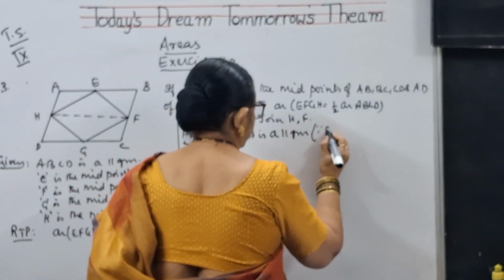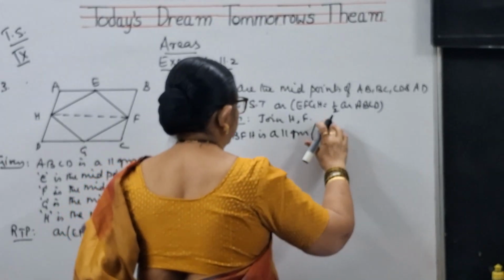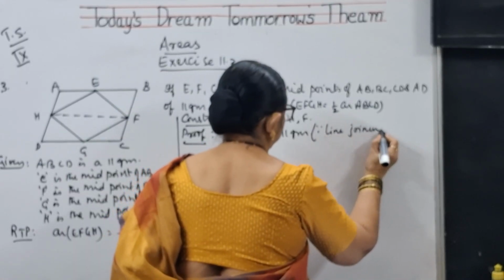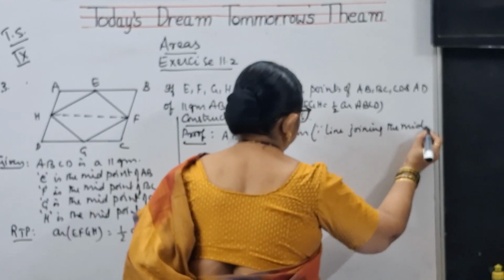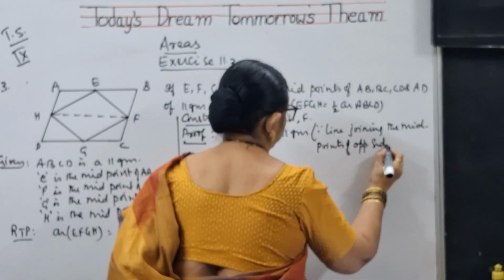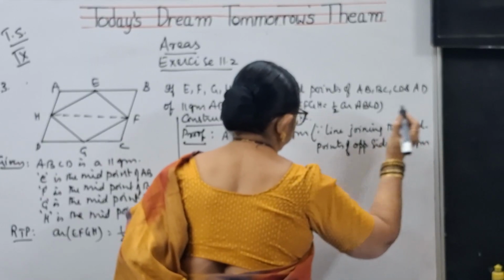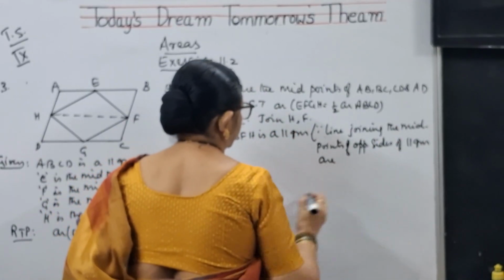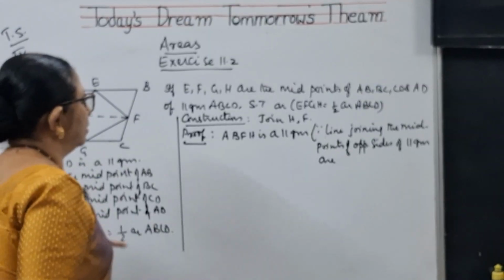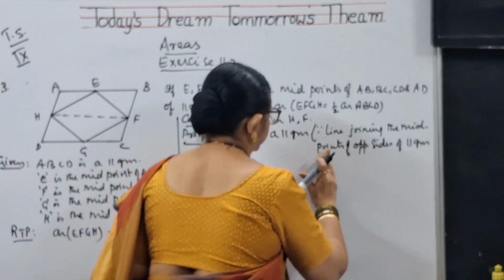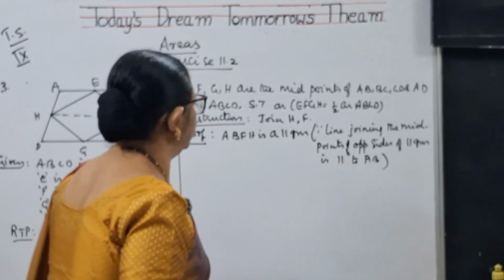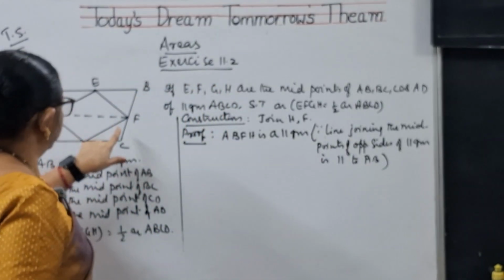Because the line joining the midpoints of opposite sides of a parallelogram is parallel to AB.